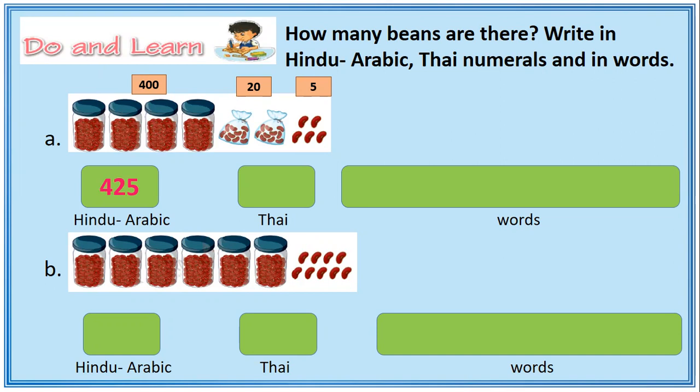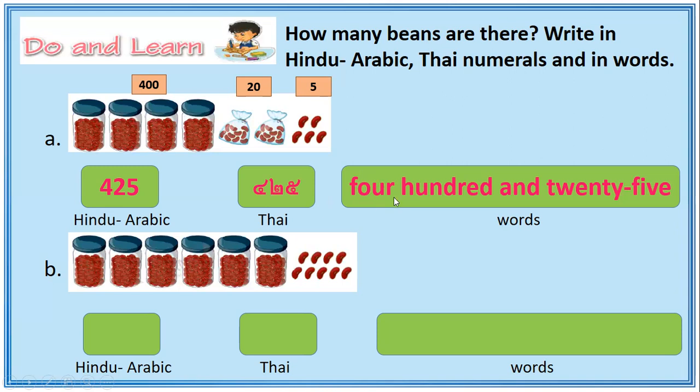Very good. What about in Thai numerals? All right. And how do we spell 425? Great. Again, let us spell the words.